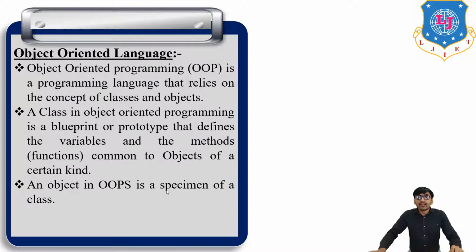So the blank railway form, that is the class. If we put information of the first person, then it is object 1. Then if we put information of the second person, then it is object 2. Then object 3, object 4, object 5. So different objects are created from the same class.